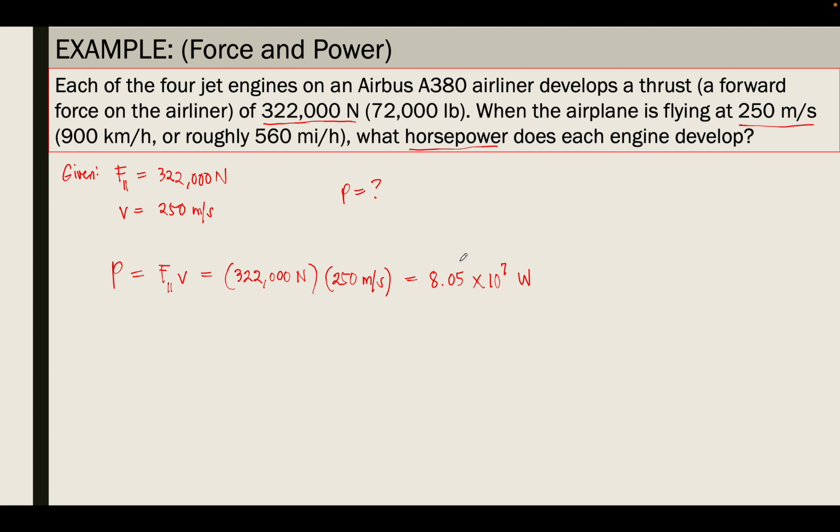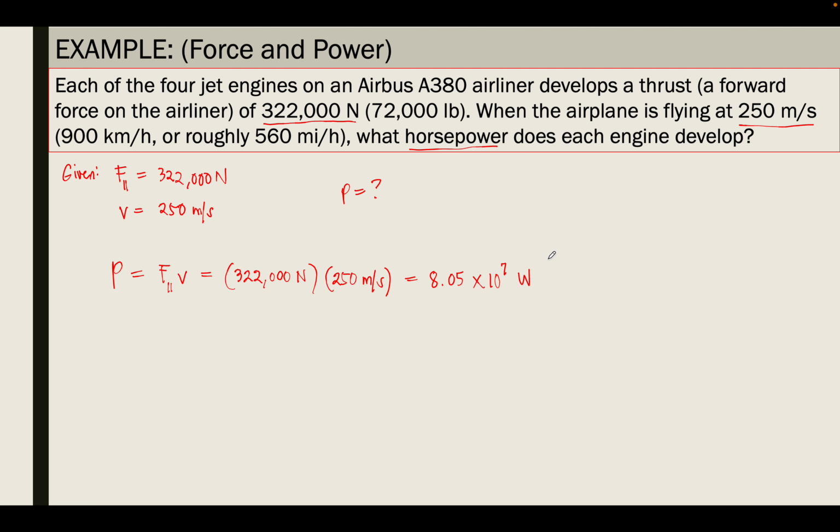Okay, so now we have an answer in terms of watts, but the question is what horsepower? So we will convert 8.05 times 10 to the power of 7 watts into horsepower.